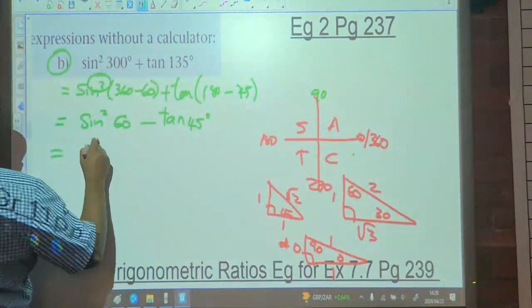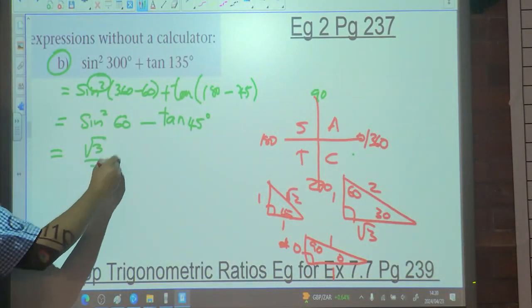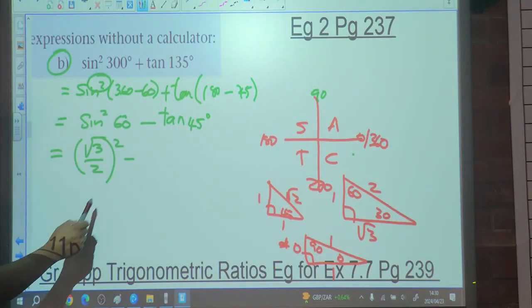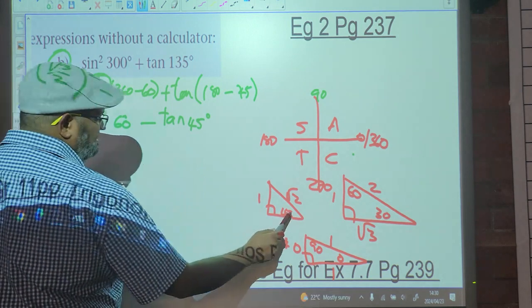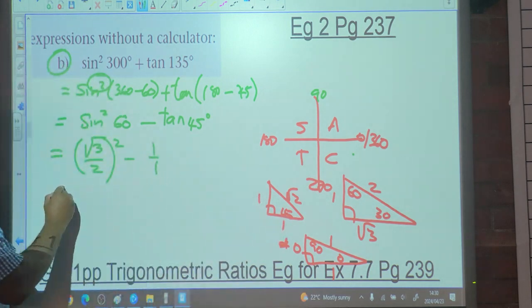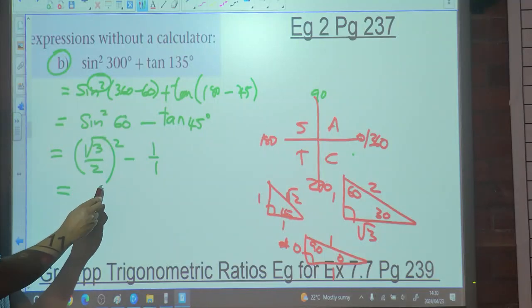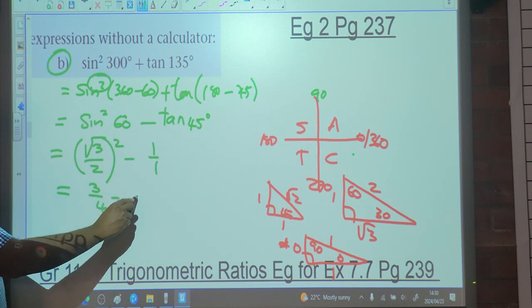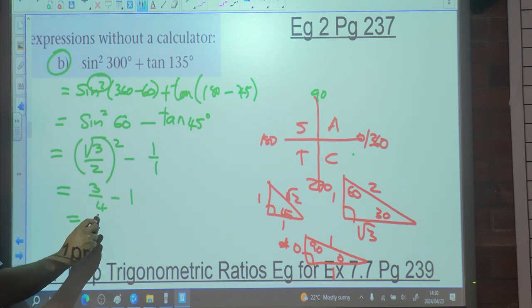So that's going to be square root of 3 over 2, squared, minus tan of 45. Tan is opposite over adjacent, it's 1 over 1. So what's the square root of 3 squared? 3. 2 squared is 4, minus 1. 3 over 4 minus 1 is negative.